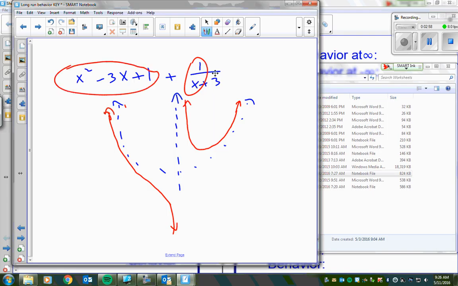And why is it approaching? Because this part is tending towards 0. One more way to help you, like we say the model is 1 over x, and you use that. You could also just say that if you plug in a million, this fraction is a positive fraction, isn't it? A very, very small positive number, which means the y value for our function is slightly more than the y value for the parabola, which is our asymptote.